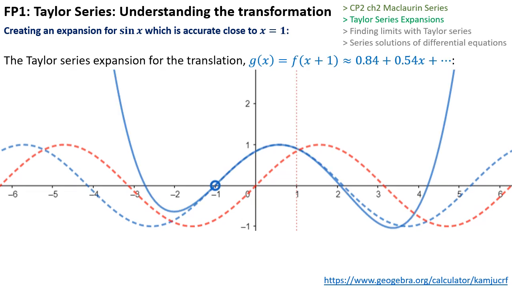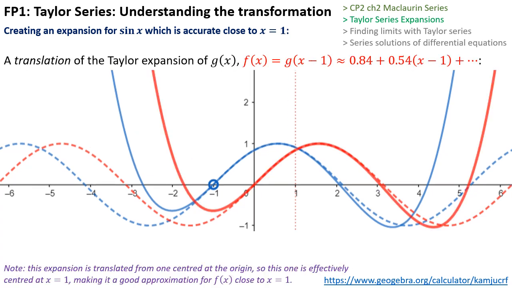In this case, for instance, we've got something that gives what looks like a reasonably good approximation up to maybe minus 1.5 on one side and up to perhaps 2 on the other side. But notice this is an approximation for the new function, the translated version. We shift the function to the left, we find a series expansion for the translated version, and then we shift back again.